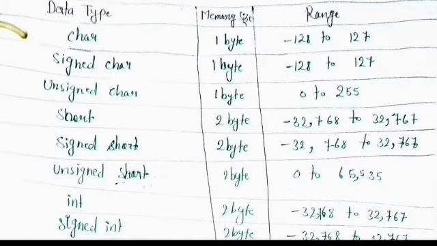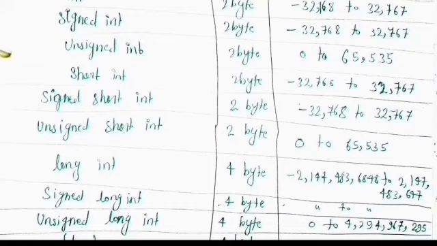Now come to the next data type, that is the integer type. For integer type data we use the int keyword, and it is also allocated 2 bytes of memory, and its range is the same as short, means -32,768 to 32,767.